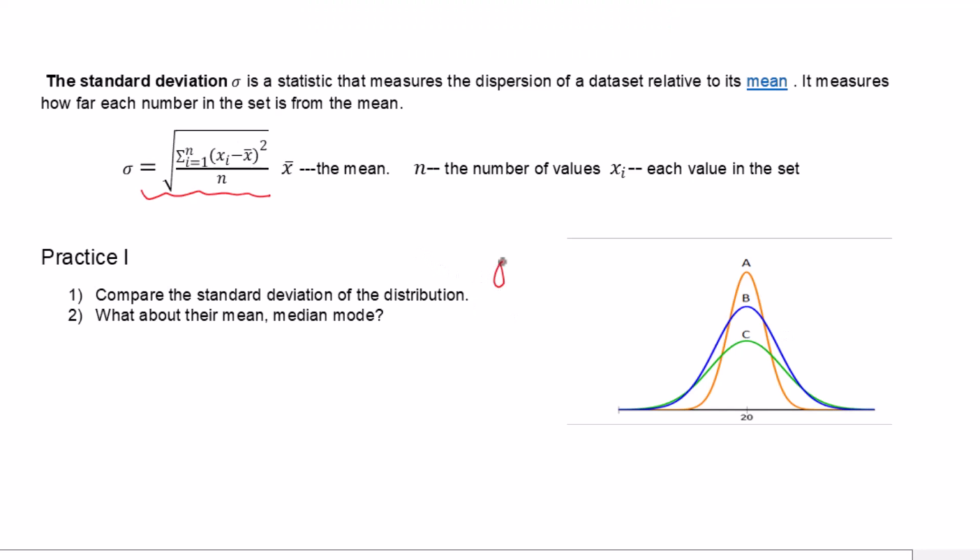So sigma C is greater than sigma B, which is greater than sigma A. What about their mean, median, mode? You could see datasets A, B, C are symmetrically distributed, which means their mean, median, mode are equal to each other, equal to 20.